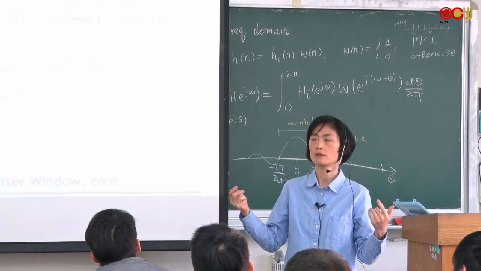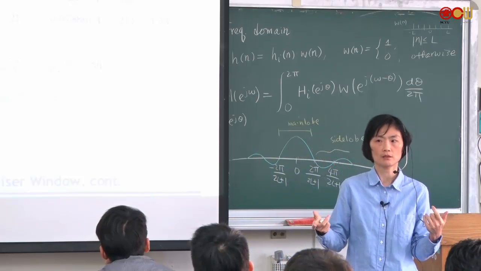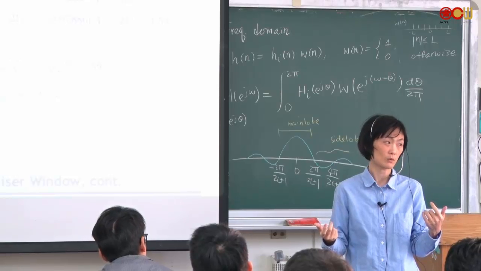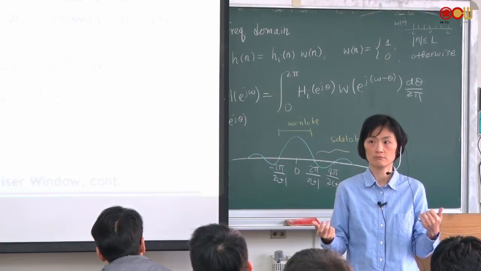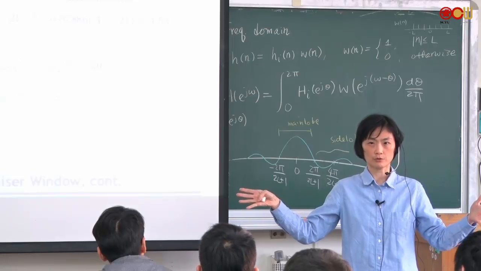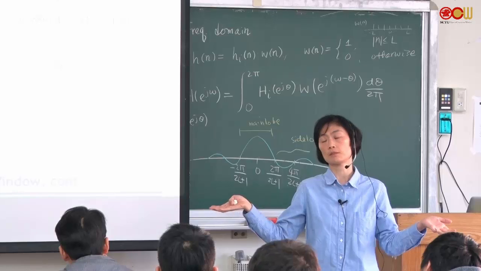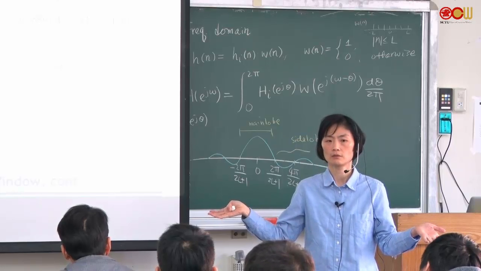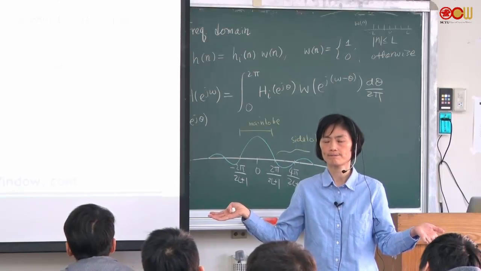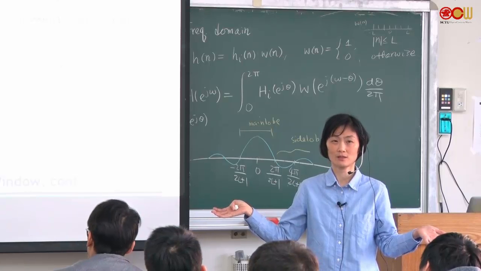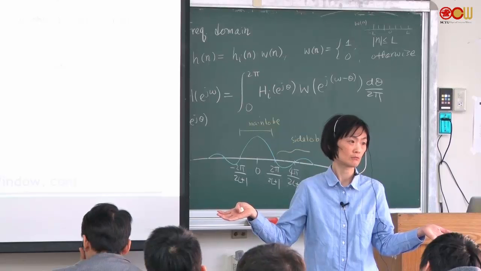Do you think it will be a larger, higher cost to implement the filter, or lower cost? If you have a longer filter to implement. N is the order, right? A larger N means a longer filter. Would the complexity be higher or lower if you have a longer filter?